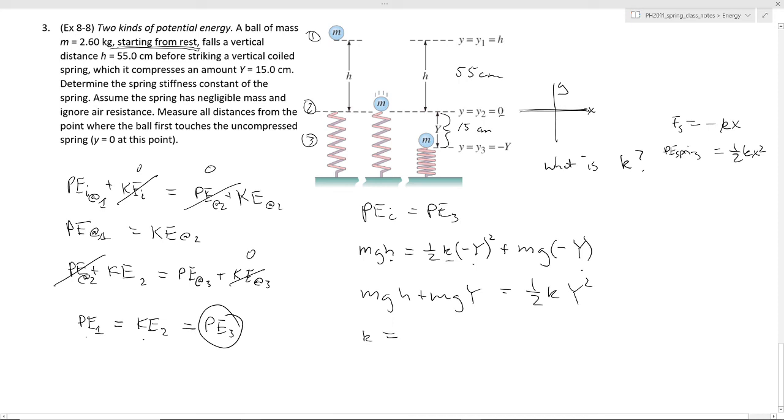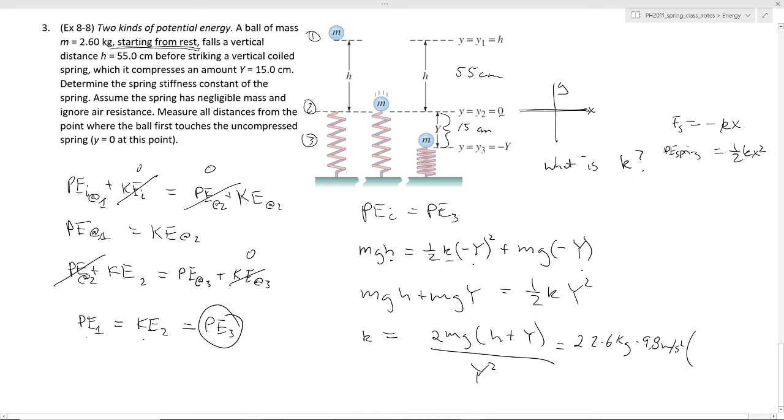So k is going to be equal to, we'll pick up a factor of 2, we could factor out the mg that's common to these, and we could then divide by our factor of y squared. And let's put in our numbers. So the mass was, let's see, 2.6 kilograms. The gravity, of course, 9.8.